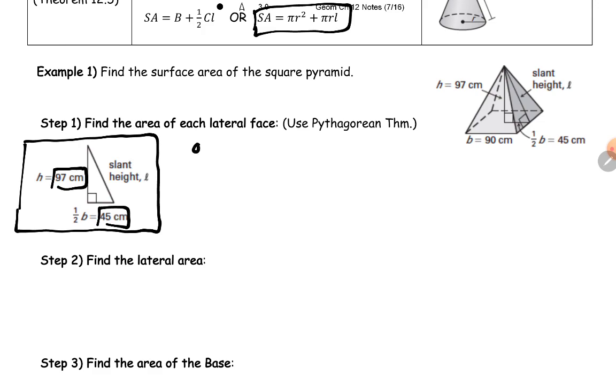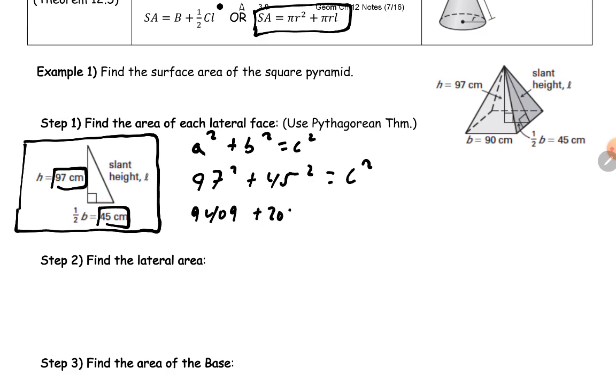To find the hypotenuse, or the slant height, we're going to do a squared plus b squared equals c squared. So 97 squared plus 45 squared is equal to c squared, which is 9,409 plus 2,025 equals c squared.